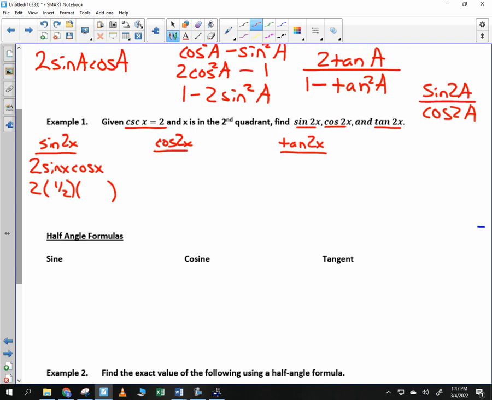What's cosine? Folks, if we are given sine, do we have the capabilities of finding cosine? Yeah. How? Sine squared plus cosine squared is 1.